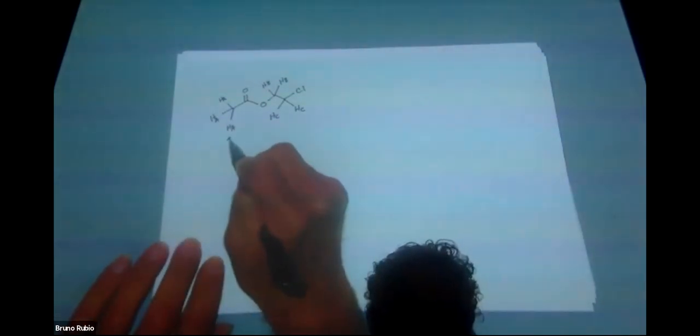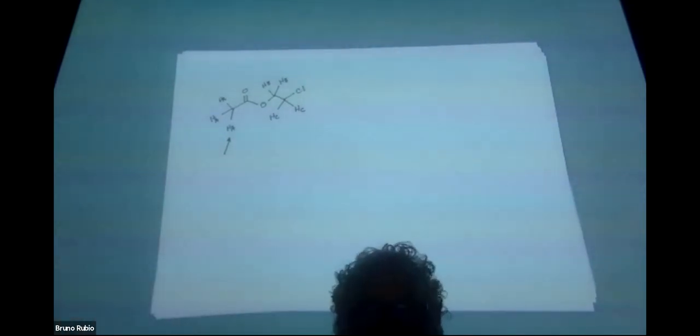What's the splitting pattern of the HA? I need a word that ends in "et." It's a singlet, right?